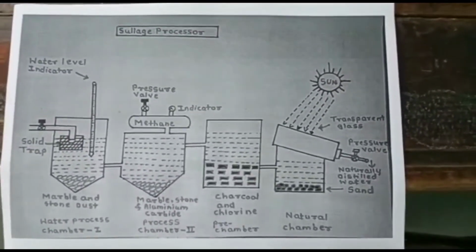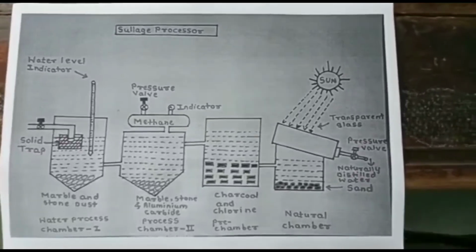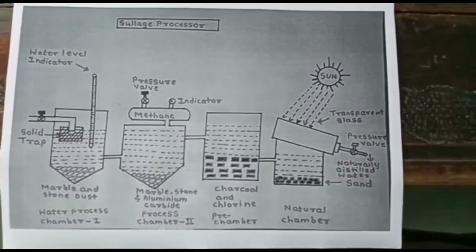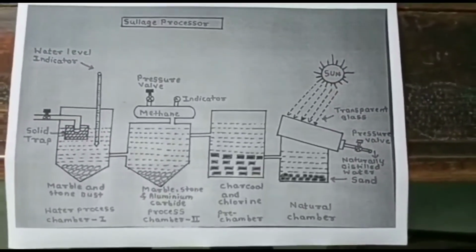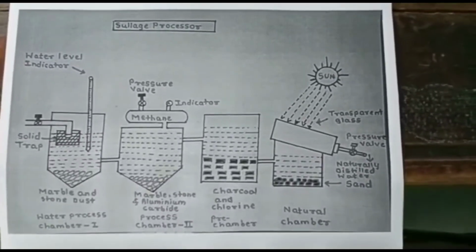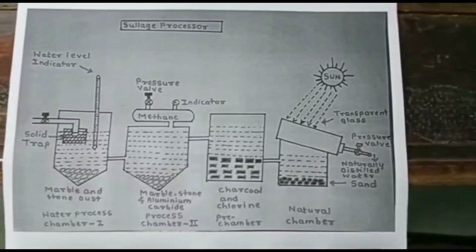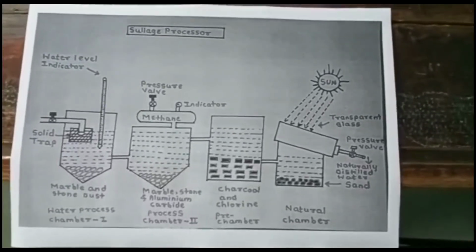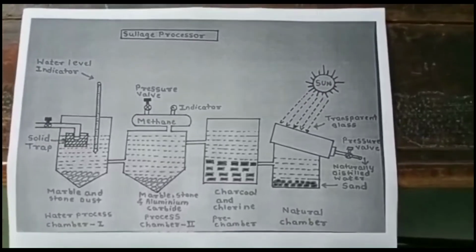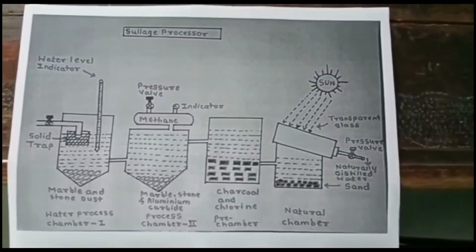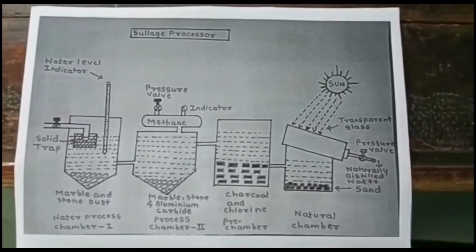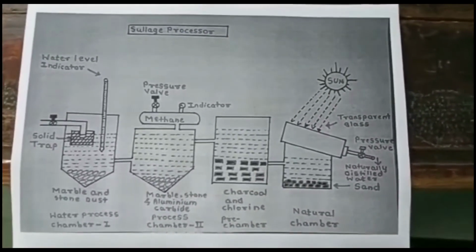The process water in chamber number 1, after some time in the first purification stage, is passed to chamber number 2, which is called the normal process chamber number 2. The normal process chamber number 2 is again made of aluminium or plastic or cement concrete, as per the required shape and size.